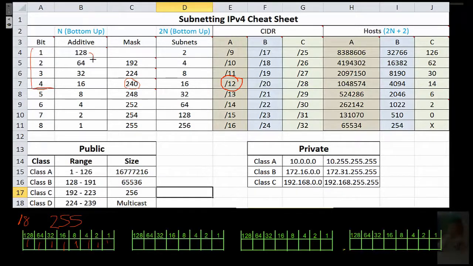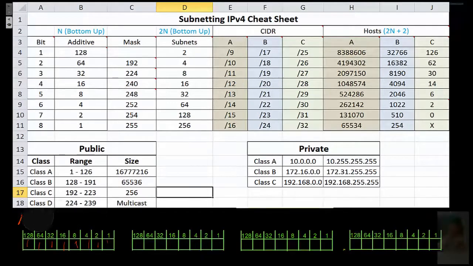We take the value of the bits that we enabled, we add them up, we spit that out. 240 is the total of all of these guys being turned on. The last bit that we enabled, that's our additive. That's how much our networks are adding by. 10.0.0.0, 10.16, 10.32, 10.48, 10.64. And we keep going down the line.